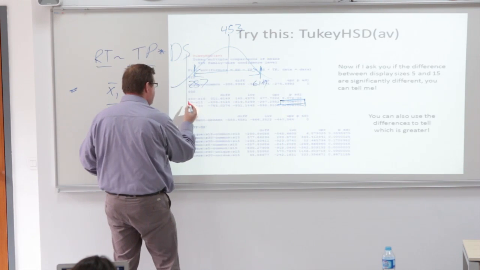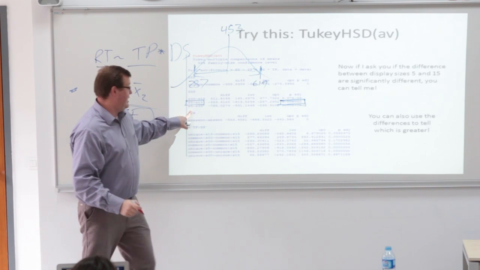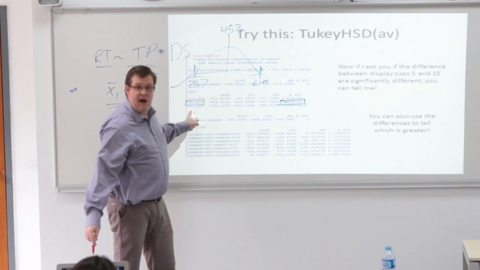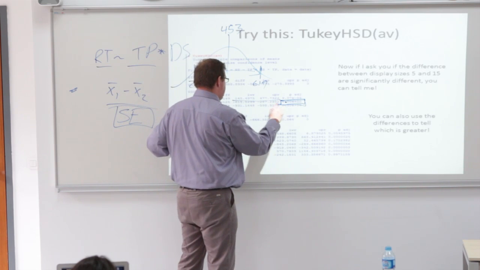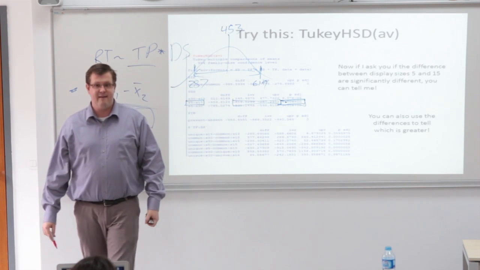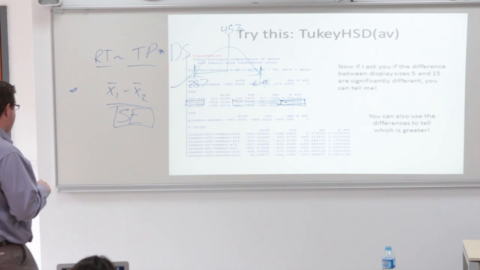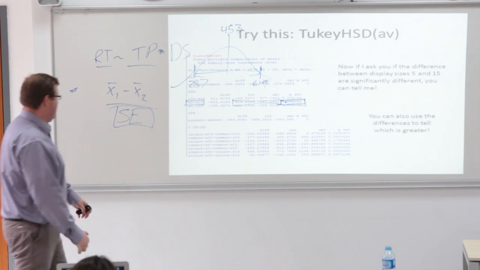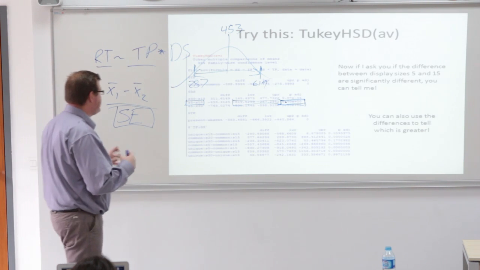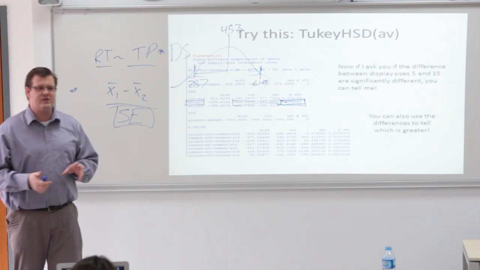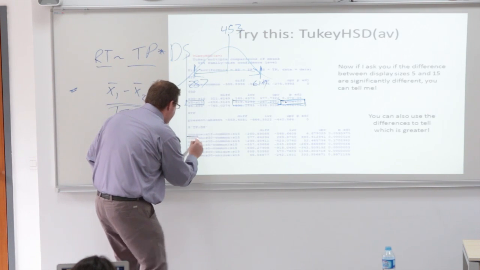So this tells us about the difference between set size 15 and set size 5. And yes, this is significant. It's beneath our alpha. And more than that, it gives us a confidence interval. So if I ask you to create a confidence interval for the difference between people that had a target with common features and a set size 30 versus common features and a set size 15, you just need to find it.